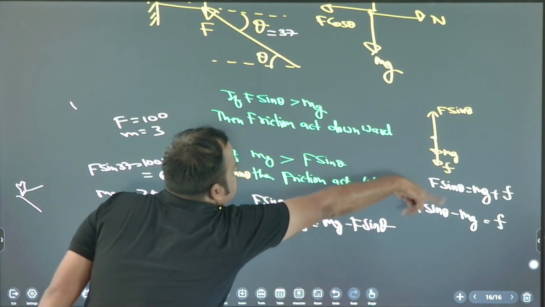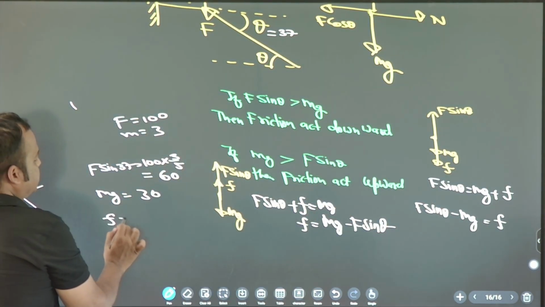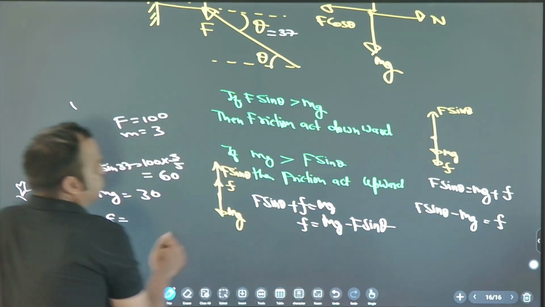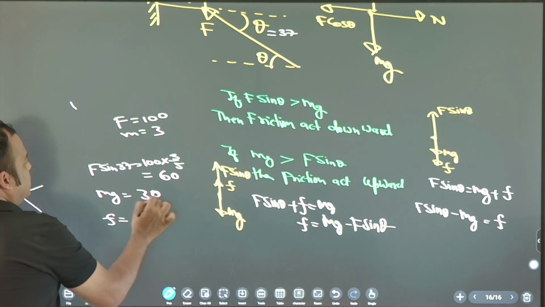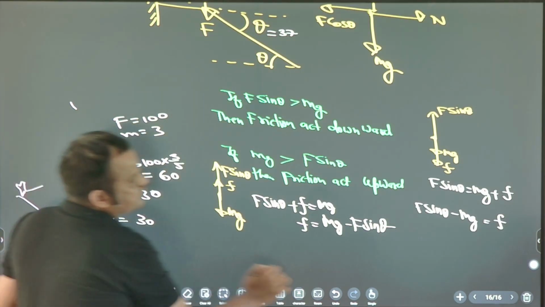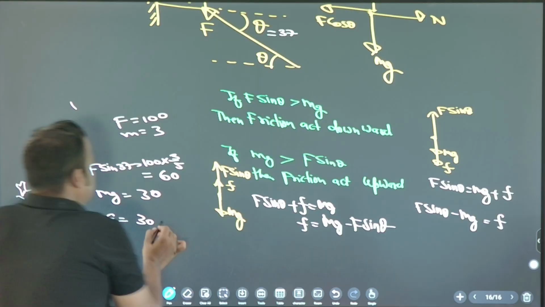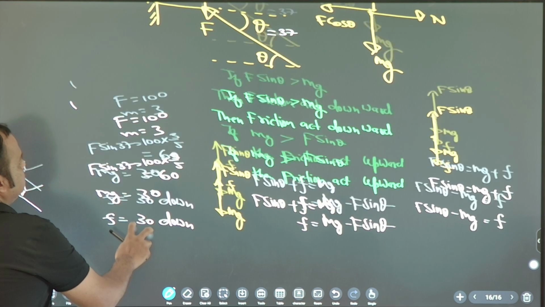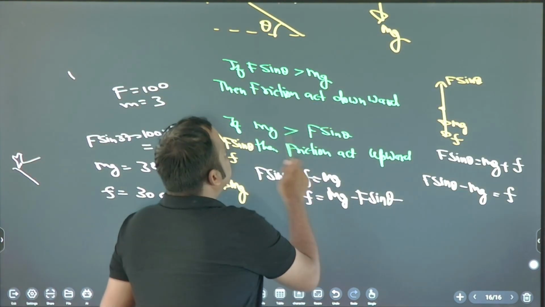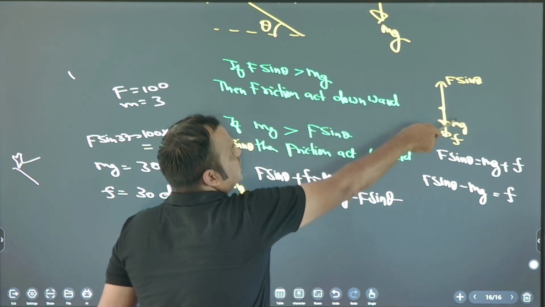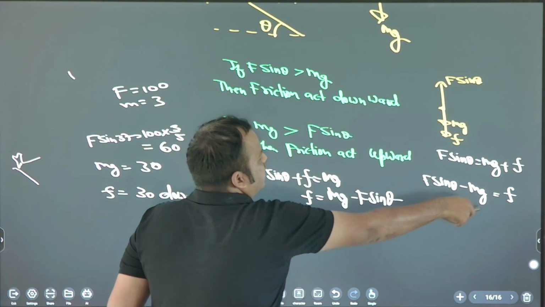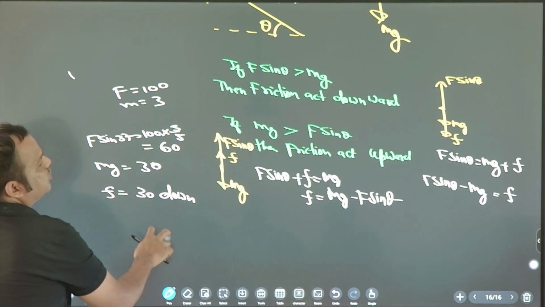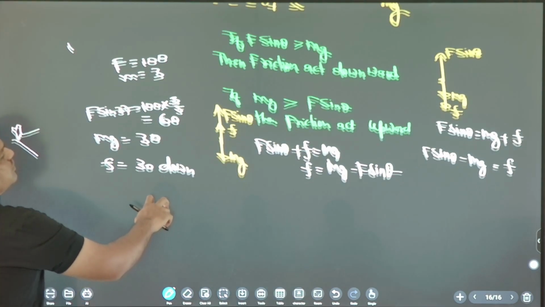So how much friction? F sin theta minus mg. 30. If f sin theta is greater than mg, so friction is f sin theta minus mg.